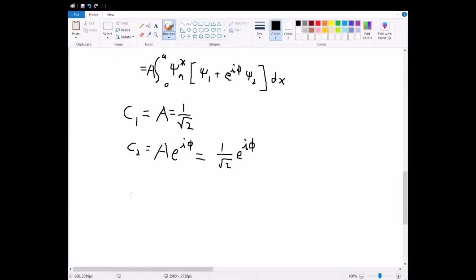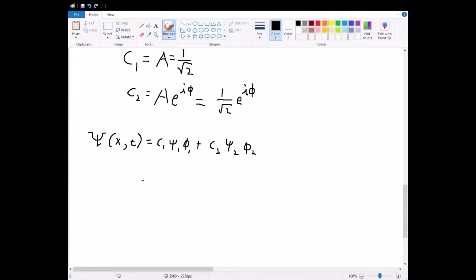So from here, if we write this out fully, psi of x comma t is equal to C1 psi 1 phi 1 plus C2 psi 2 phi 2.